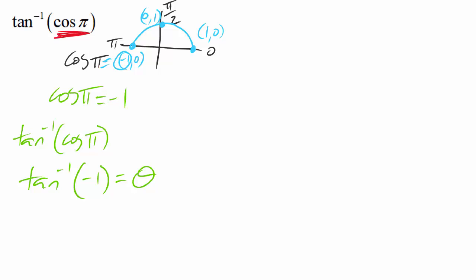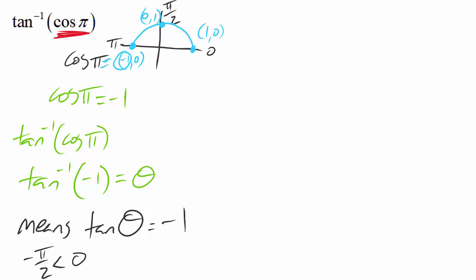Alright, so what this really means is that the tangent of that angle theta is going to be equal to a negative 1. And we need to remember that theta is going to be between negative pi over 2 and pi over 2, but not including. So that puts us again in either quadrant 1 or quadrant 4.